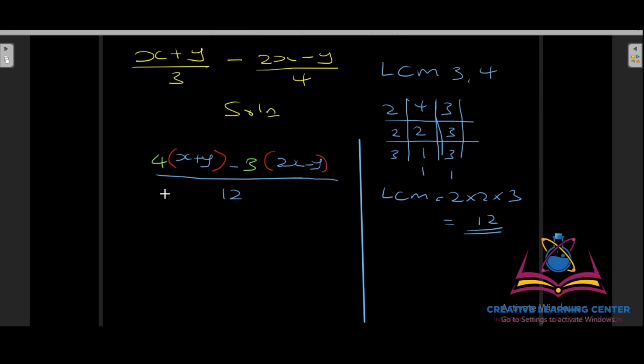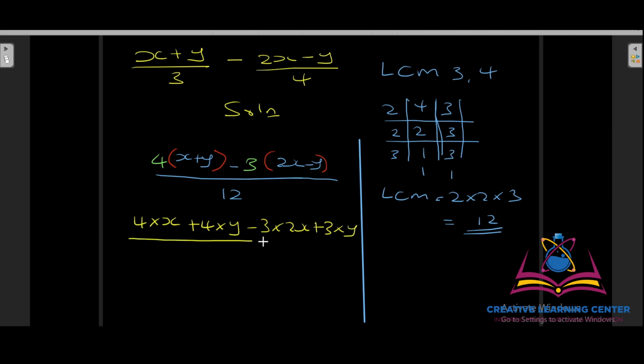You need to be mindful of the signs, because when a sign changes, it can really affect your work. Therefore, I'll have 4 times x, and then plus 4 times y. I subtract because this is a −3. −3 multiplied by 2x, then a negative and a negative turn out to be a positive. Therefore, I'll have 3 times y.